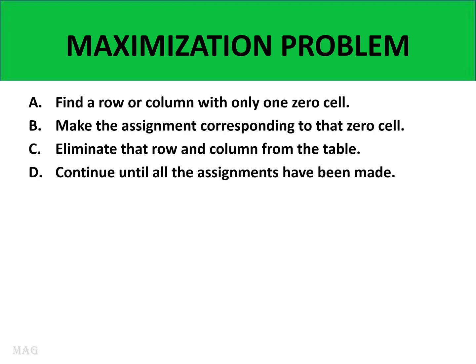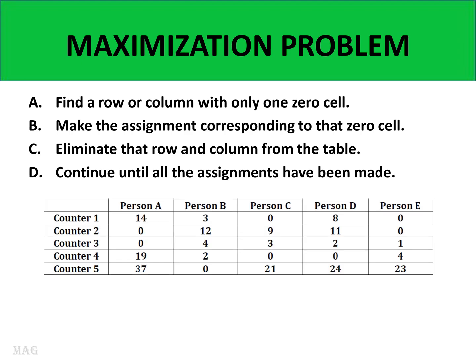To make an allocation, we find a row containing only one zero.